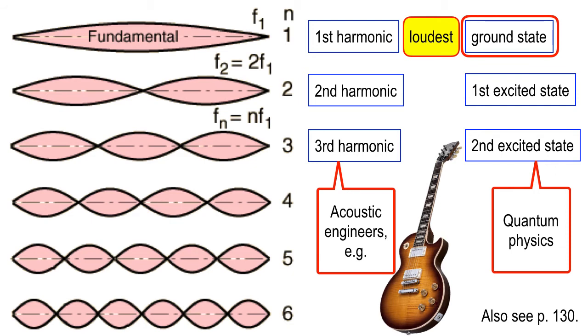But they sound different. A G on a guitar is different from a G on a piano, and a G on a piano is also different from a G on a trumpet. Now, if all three of them play at the same time, it'll sound melodious, it'll sound nice, but they don't sound the same.